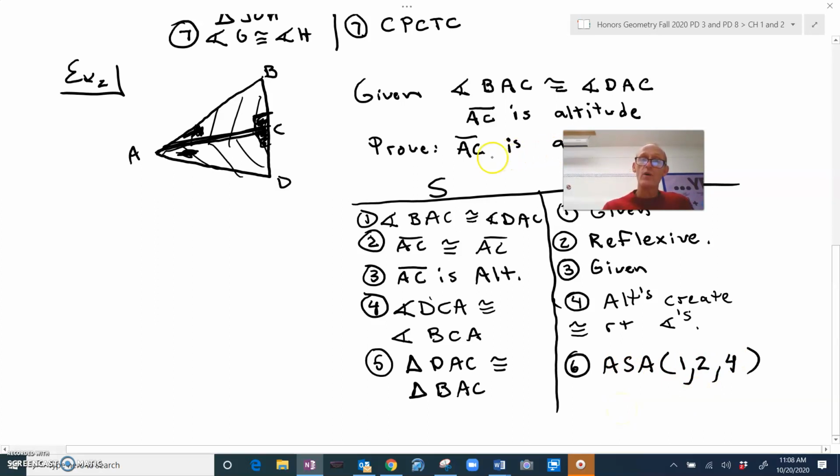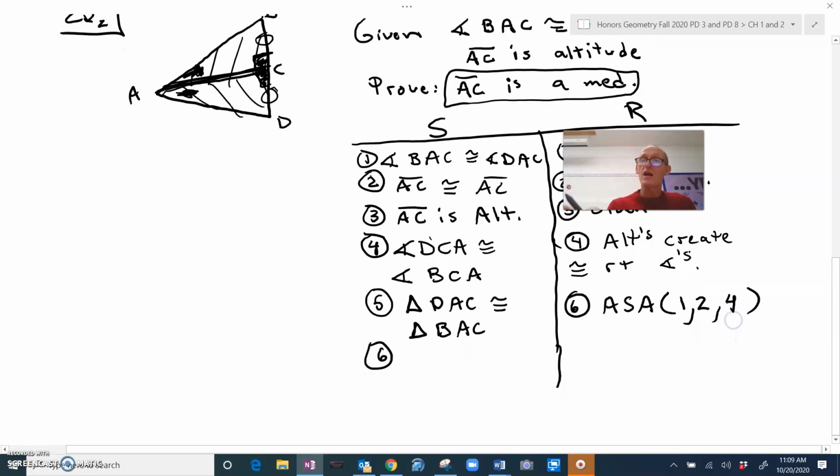Now, going over what we have to prove, well, we have to prove AC is a median. So by CPCTC, we're going to get these two segments congruent, because altitudes create two congruent segments, and we're going to flip that. So DC is congruent to BC by CPCTC.